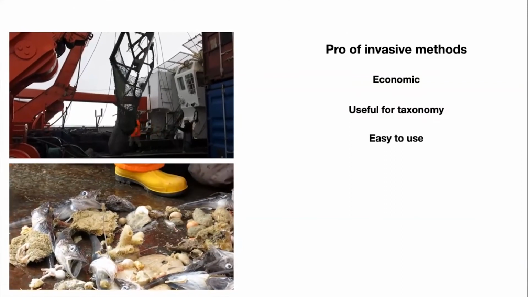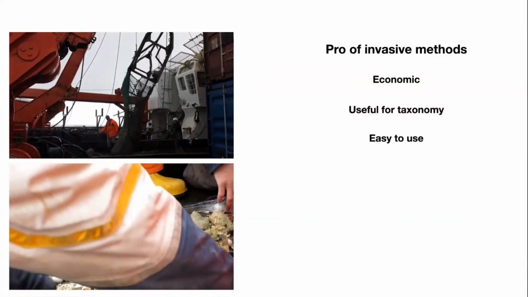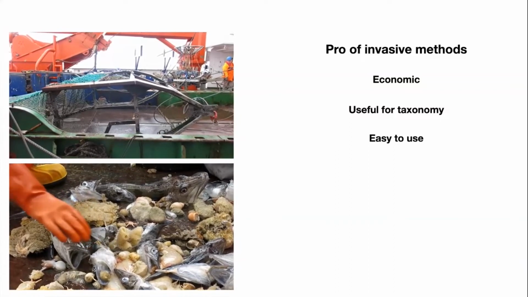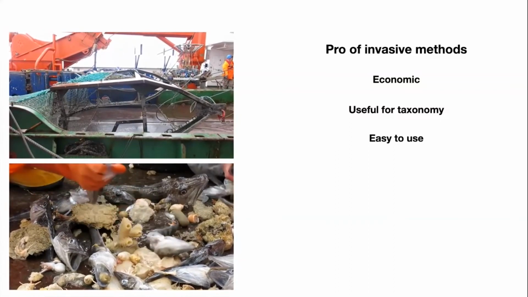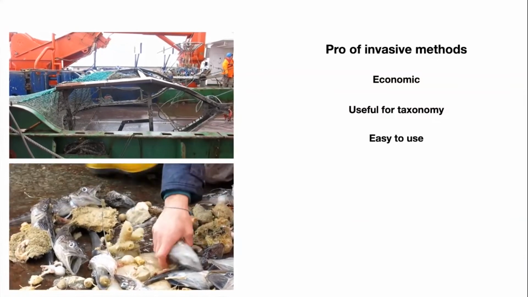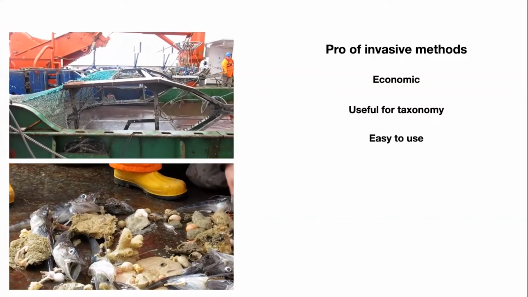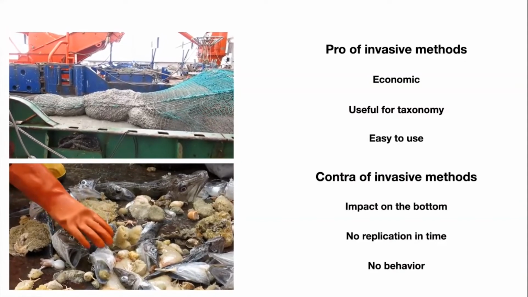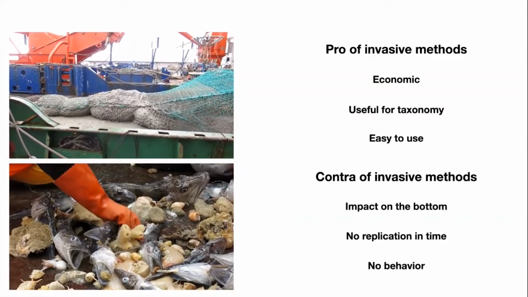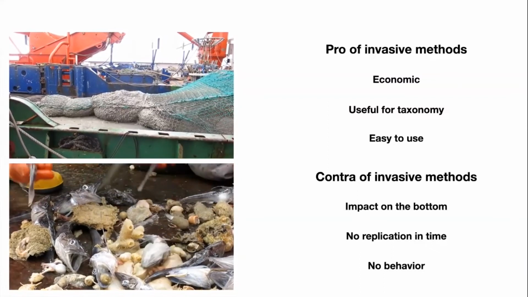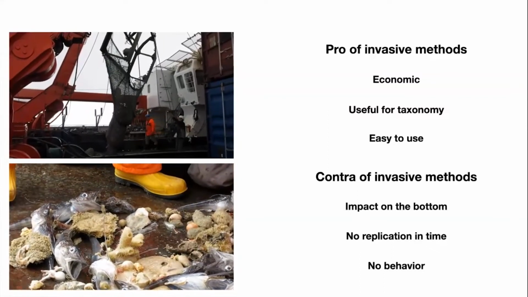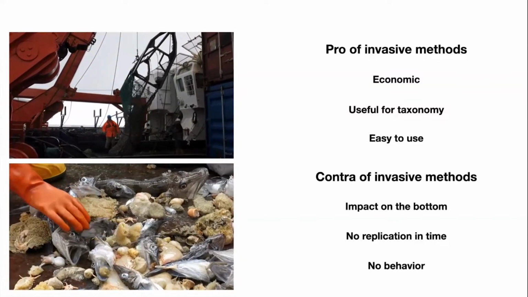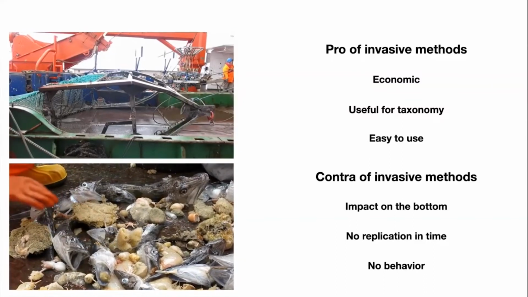While these methods are excellent for species identification of sessile and also slow-moving benthic organisms, they are not so efficient at capturing mobile species. Also, they are destructive and they cannot describe the species behavior and the interaction between the species and the ecosystems.